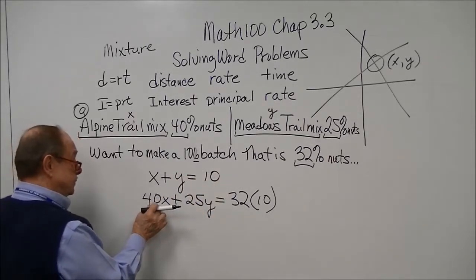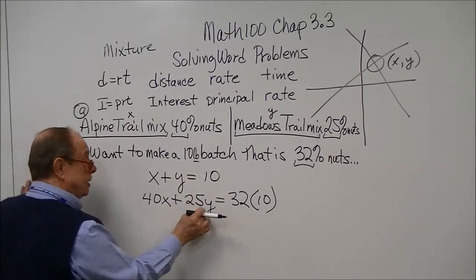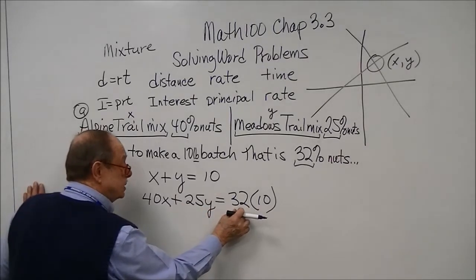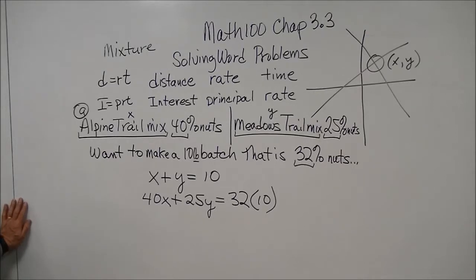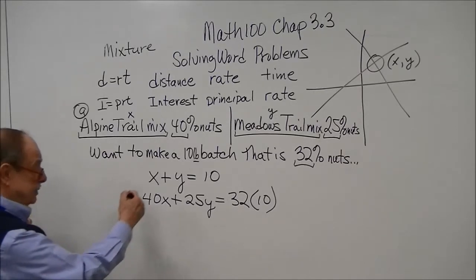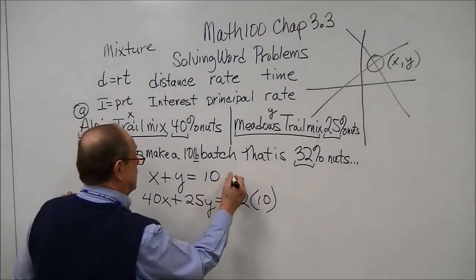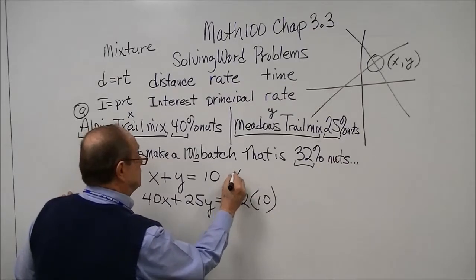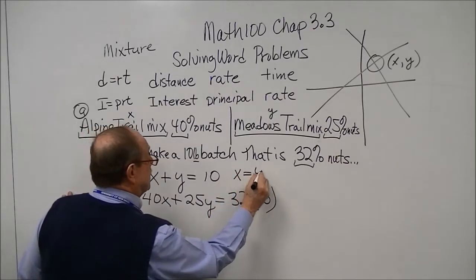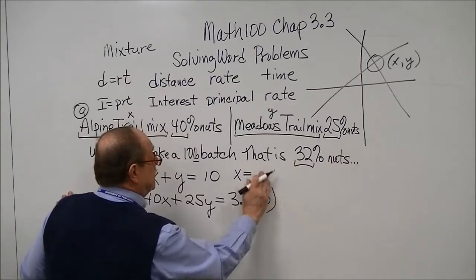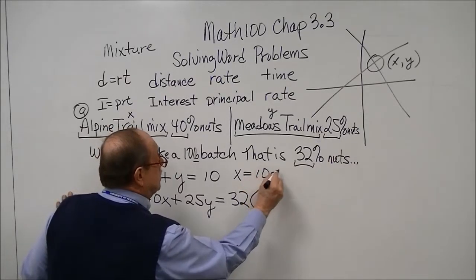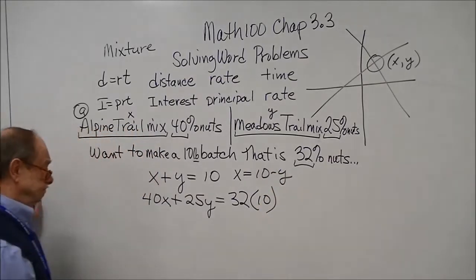And our other equation is 40% nuts, 25% nuts, 32% of 10 pounds. And that's our equation. And we're going to use substitution. All of these work out very well. Let me see, it's going to be 10 minus y. There we go.